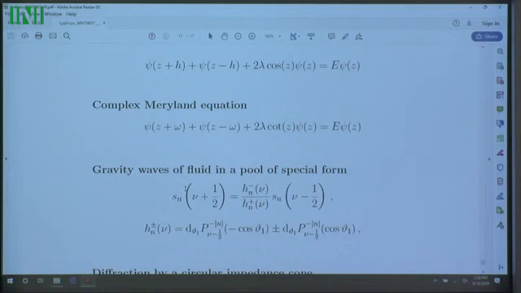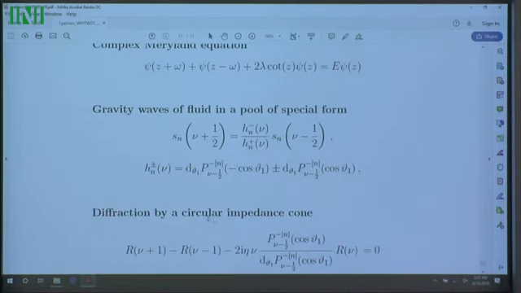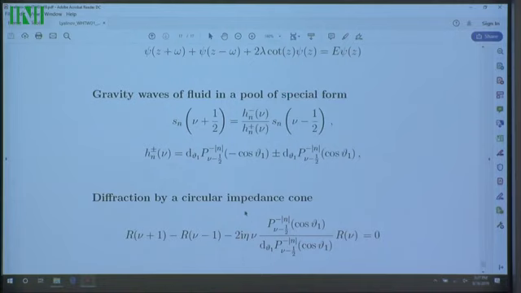Also, for gravity waves on fluid in its full spherical form, you can encounter this kind of equation. In this case, this meromorphic function is the ratio of associated Legendre functions and its derivative. And by the way, in the diffraction by a circular impedance cone, you have this kind of functional equation. This equation is of the second order.